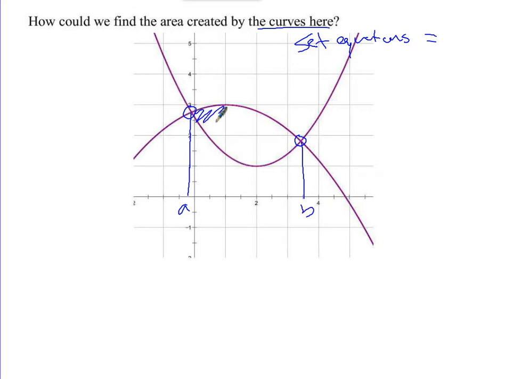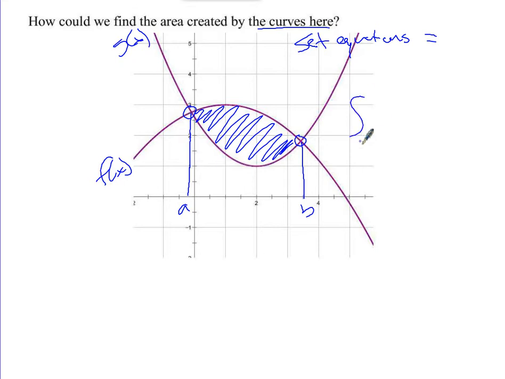And then I'm finding the whole area that's involved here. So what would my integral look like there? If this is f of x, and this is g of x. Now it's the same thing, yeah. But the trick was you had to find a and b before you could do that. So it's the integral from a to b of f of x minus g of x dx.